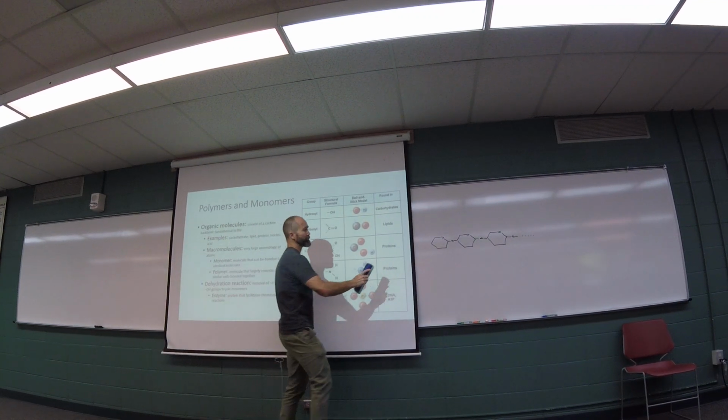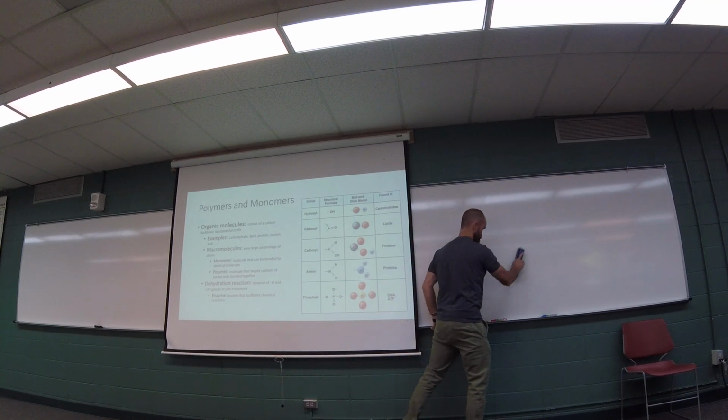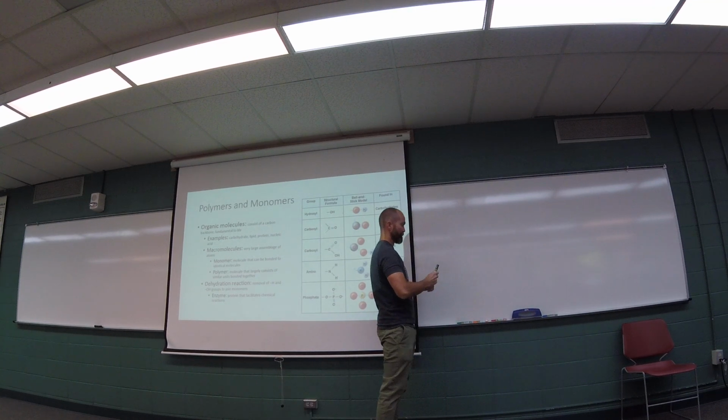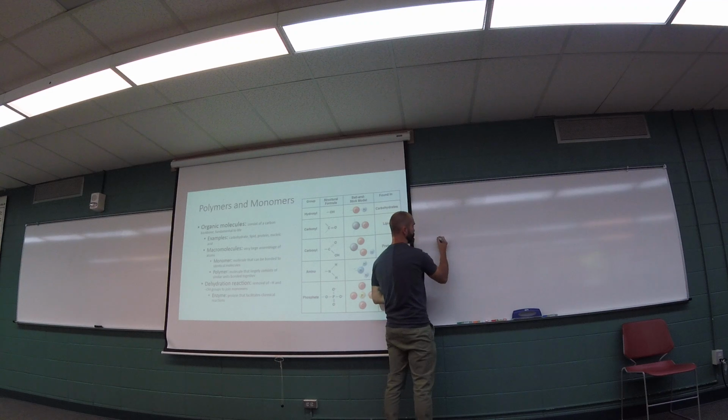So glucose, let me draw out the entire molecular structure of glucose. Glucose consists of 6 carbons, 5 of which exist in a single ring. And then a 6th is up here.